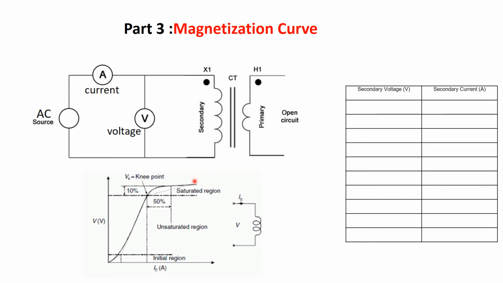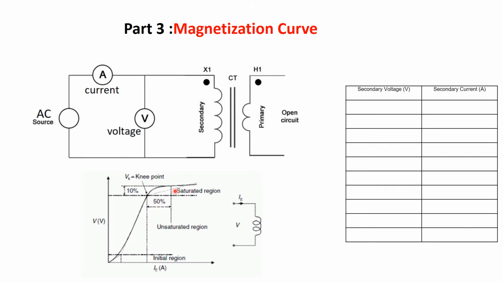And on that magnetization curve, we need also to find what we call the knee point. You can calculate this one using the equation so that you can understand where exactly to search for the knee point. Once we reach the knee point, a 10% change of the voltage will result in a 50% change in the current.